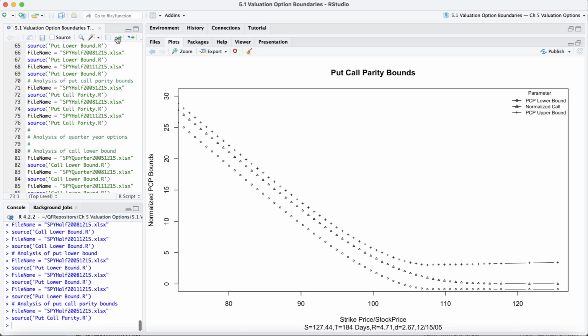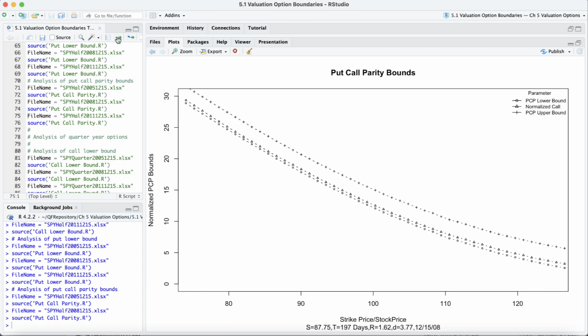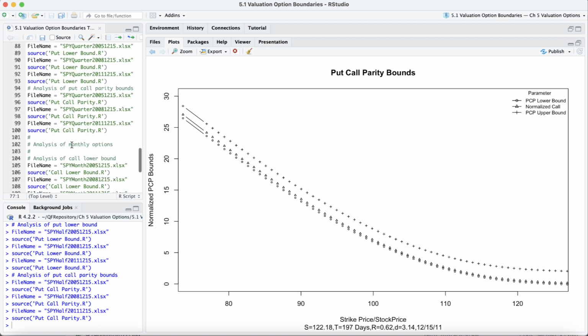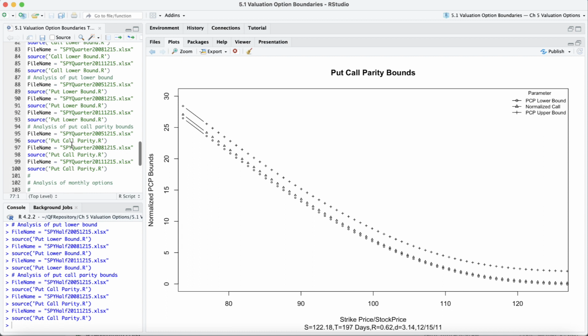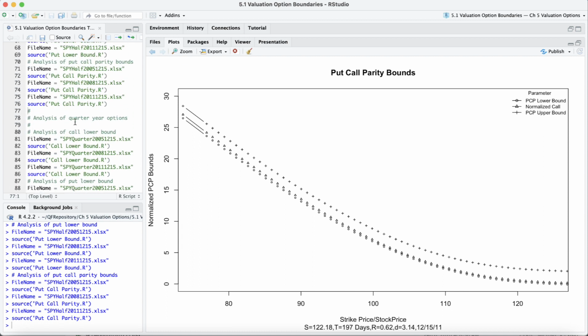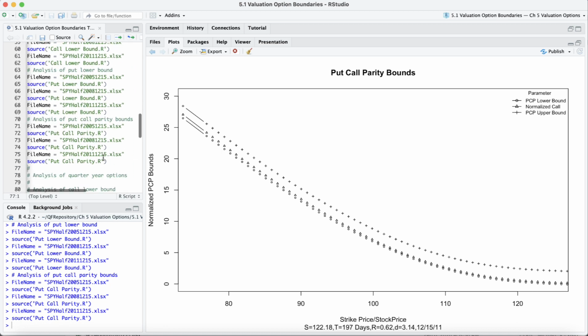If we examine put call parity, we note that the actual mid prices for the calls do lie within the expected range of put call parity. And so this basically provides a variety of different outcomes depending on whether I'm focused on the call lower bound, the put lower bound, or put call parity.